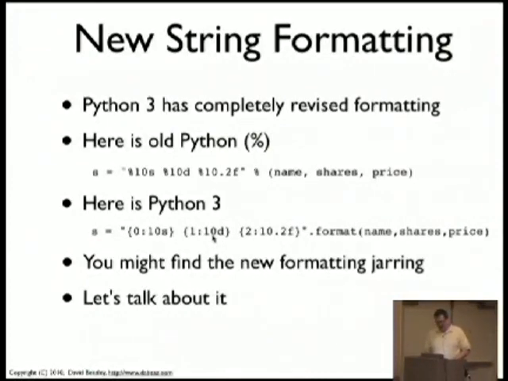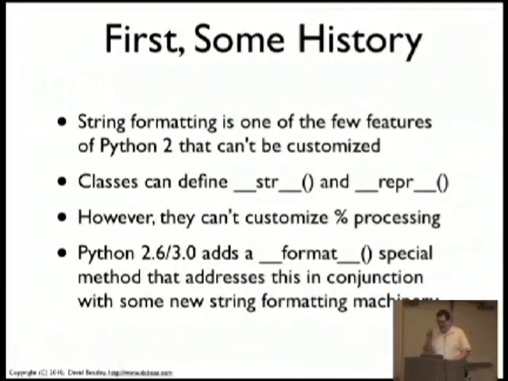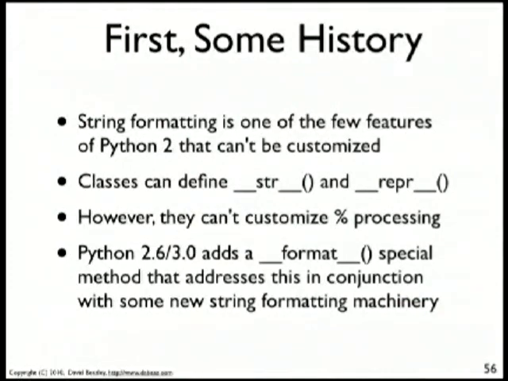All right. So they have this new string formatting. I think there's a little bit of history behind why this is showing up in Python 3. One of the things that you may know about Python 2 that's a little bit subtle is that string formatting was actually one thing that you could never customize.